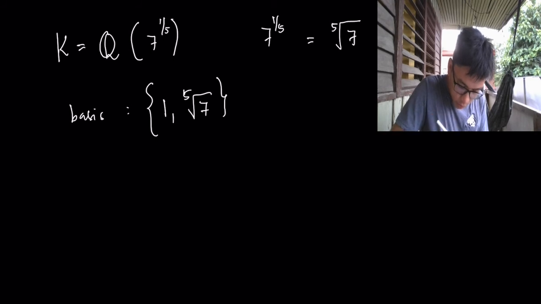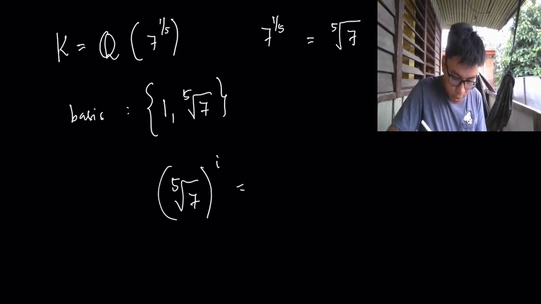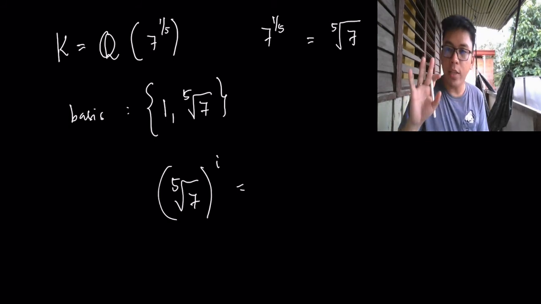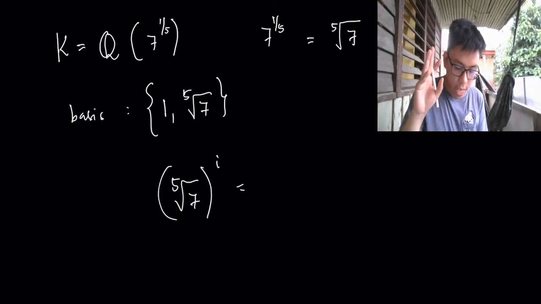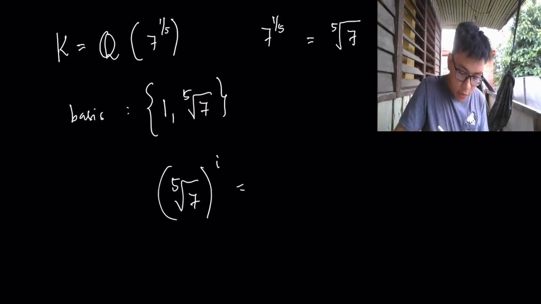Okay, how does it look like, by the way? So you'll get the fifth root of 7 to the i. So when i is 0, you get 1. Of course, we need to have 5 values of i in the sense that the nth root is 5. So here in this case, when i is 0, you get 1. When i is 1, you get the fifth root of 7.